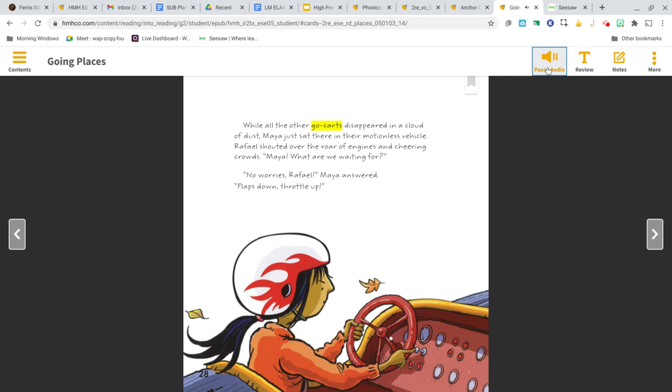While all the other go-karts disappeared in a cloud of dust, Maya just sat there in their motionless vehicle. Raphael shouted over the roar of engines and cheering crowds, "Maya, what are we waiting for?" "No worries, Raphael," Maya answered. "Flaps down, throttle up."